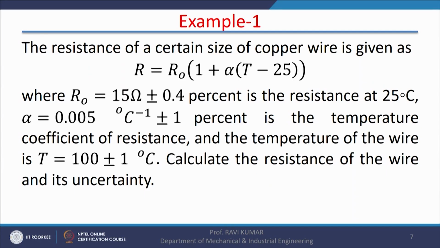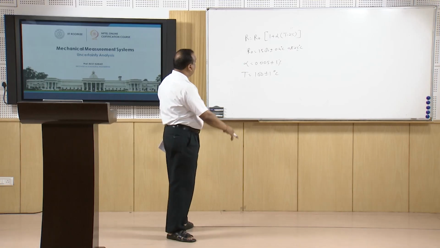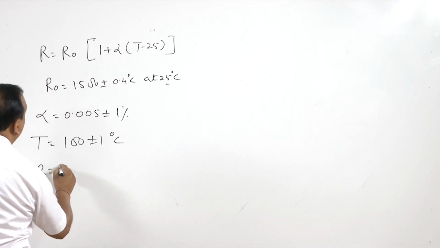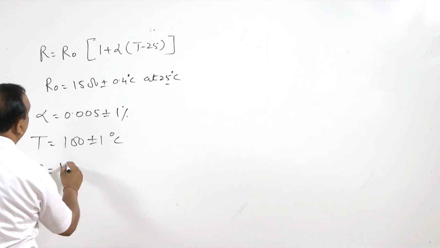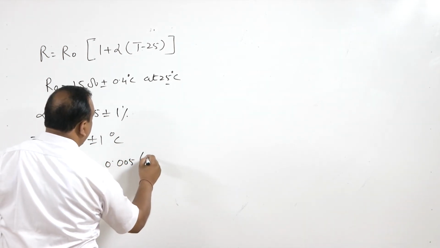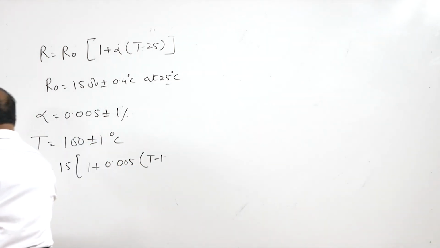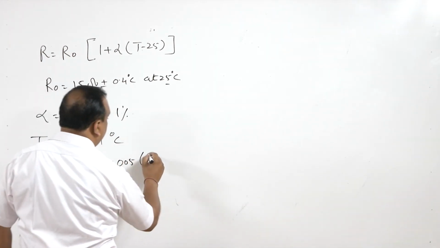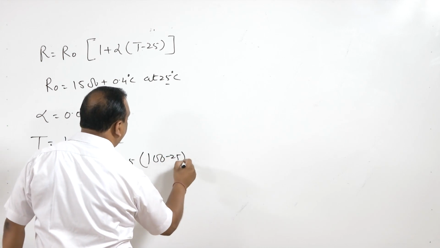So, the resistance of the wire at 100 degrees centigrade. It is very simple. R is equal to R0, which is 15, into 1 plus 0.005 into T minus 25, T is 100, so 100 minus 25.